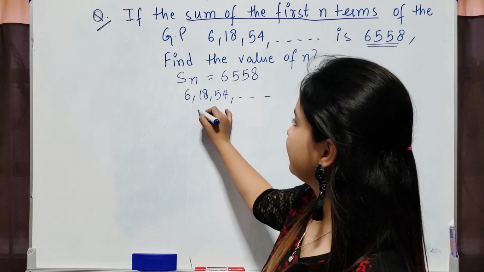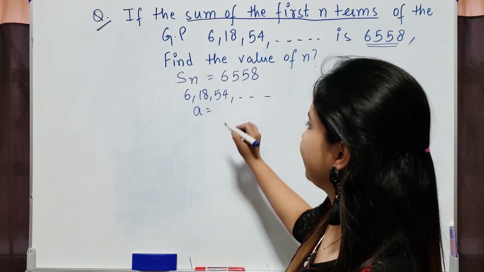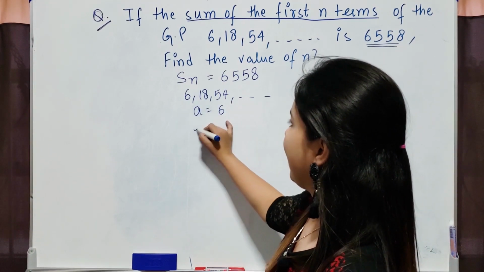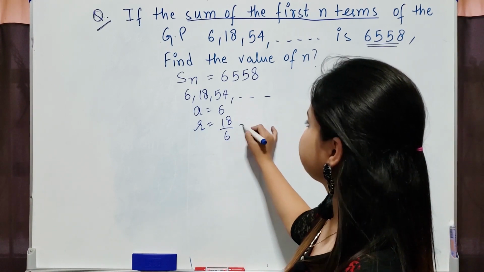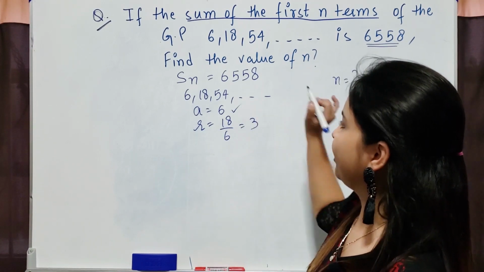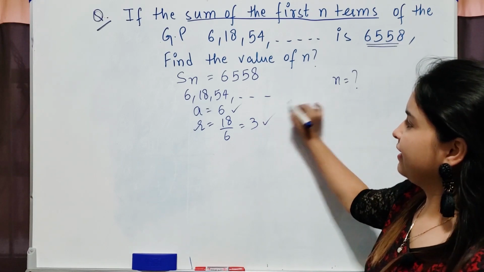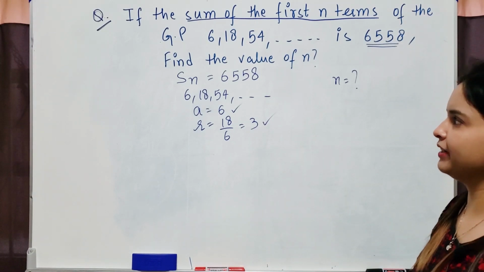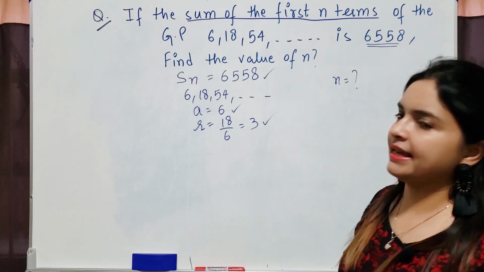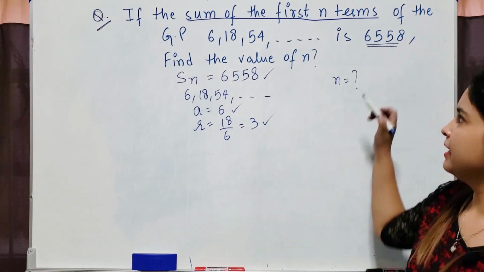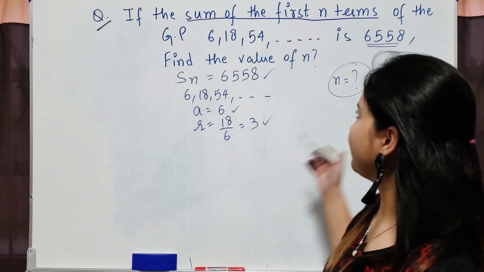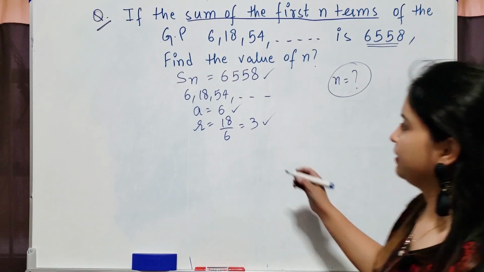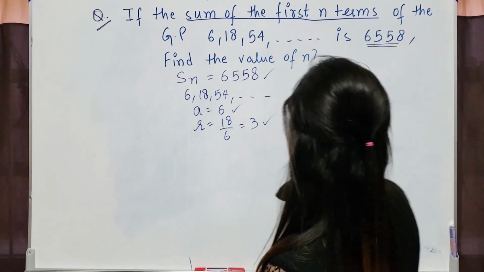Now, using this sequence, first find A and then find R. Now, I know 6 is my A and R is equal to 3. Also, I know Sn, sum of the first n terms. Now, using the formula of Sn, I can find the value of n. Substitute the values in the formula.